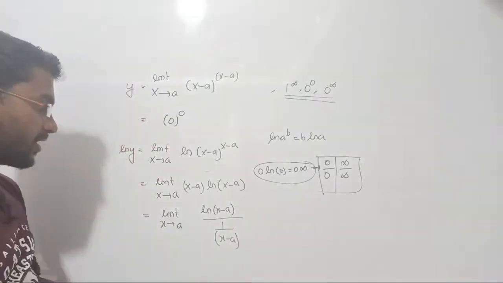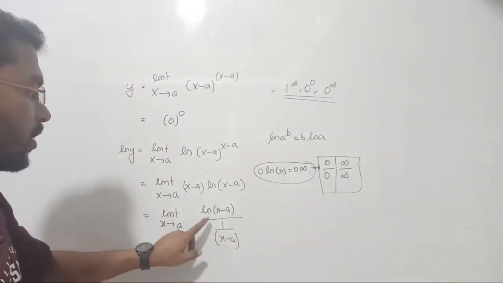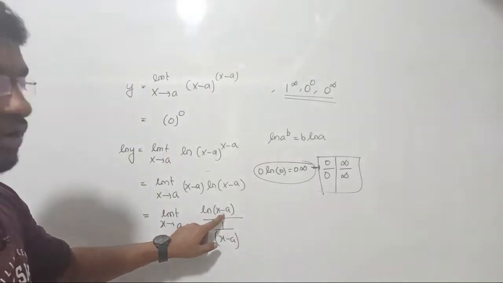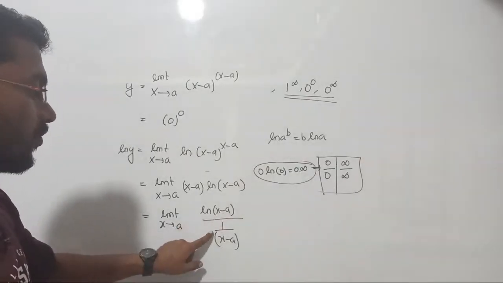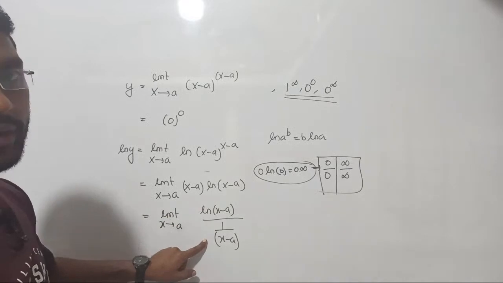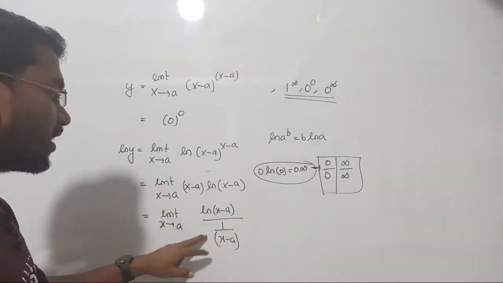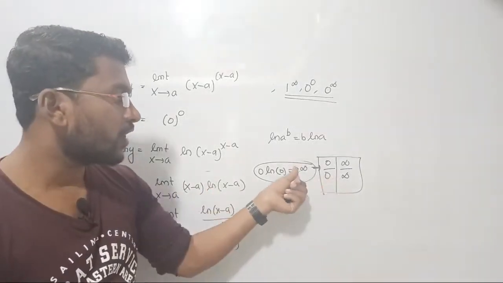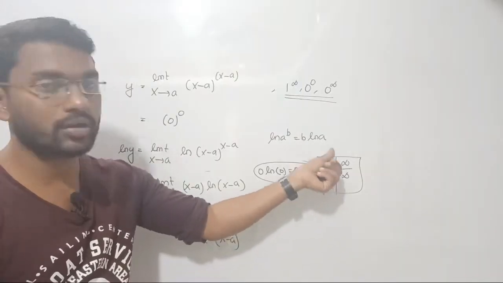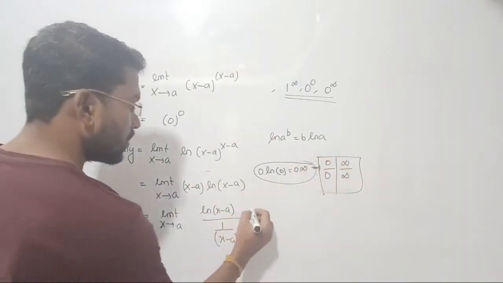Of course. Now if you substitute a for x, see, ln of (a minus a) will give you infinity. Here also 1 by 0 will give you infinity. It will be in the form of infinity by infinity. Just pass a term to the denominator, and 0 into infinity will be transformed as 0 by 0 or infinity by infinity, such that then you can proceed further.